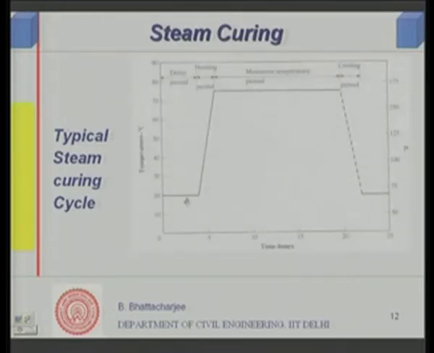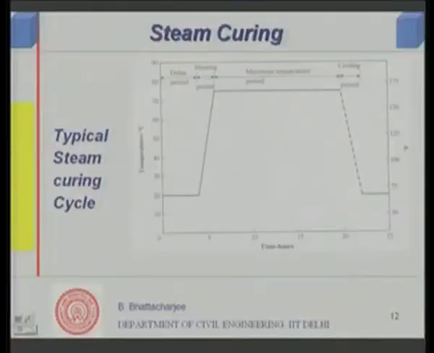For the first 2 hours you do not touch it, because if you heat up the concrete at that period of time, the overall strength development, as well as other properties and long term performance of concrete, will be affected too much. So, first there is a delay period, about 2 or 2.5 hours, maybe 3 to 4 hours. Then of course, you heat it up using steam, and temperature increases.